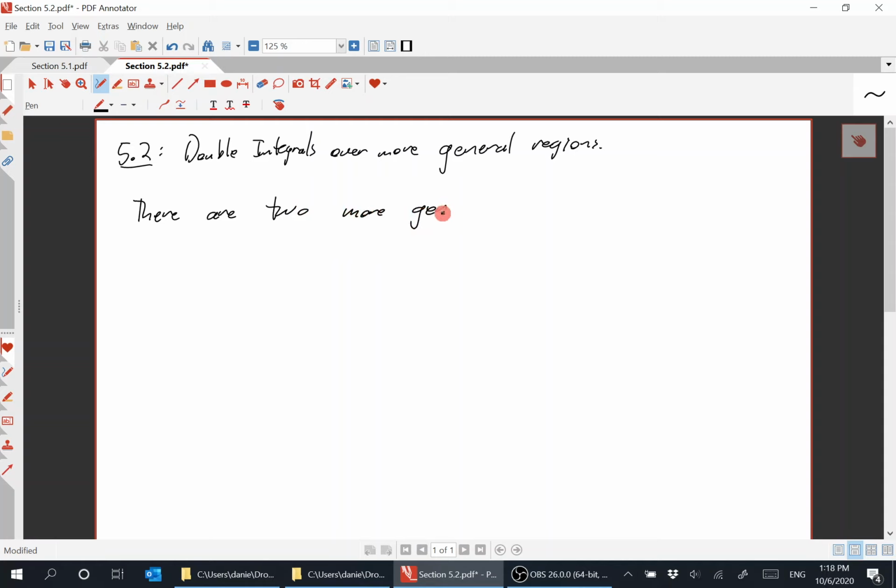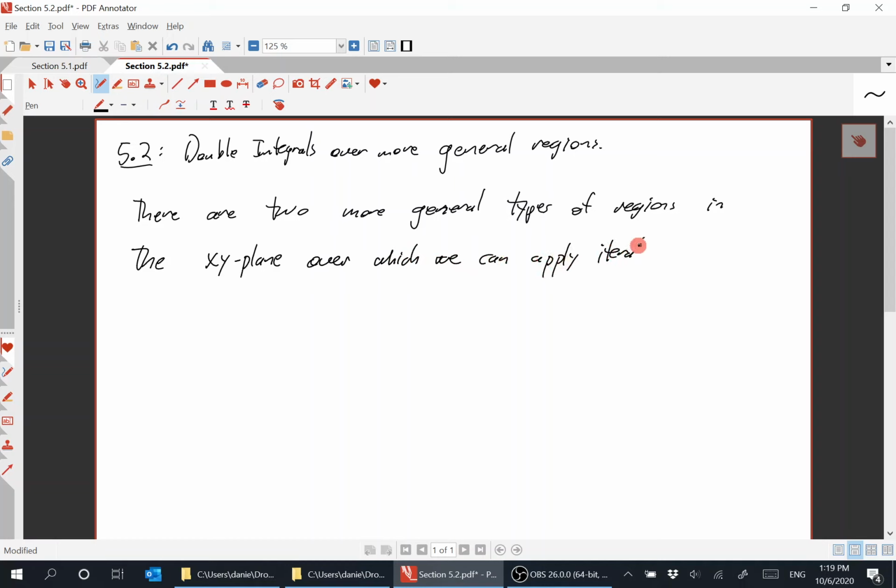More general types of regions in the xy plane over which we can apply iterated integration.